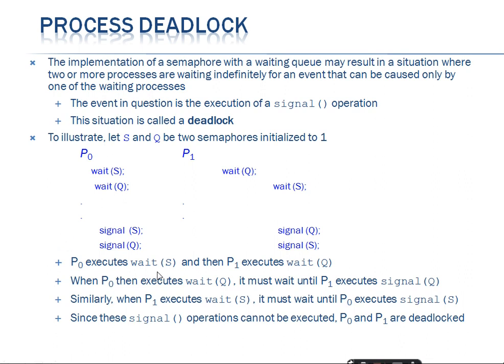So P0 executes wait over S, then P1 executes wait over Q. Then P0 executes wait over Q. It must wait until P1 executes signal over Q. See here, when P0 executes wait over Q, it must wait until P1 executes signal over Q, which P1 is not able to execute at this time.